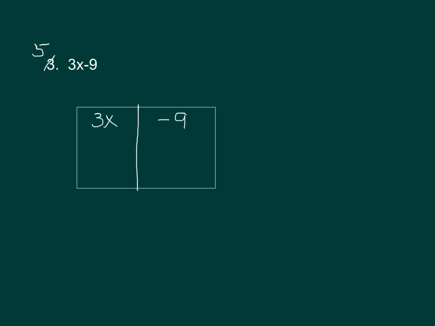So find the GCF, the greatest common factor of 3 and 9. The greatest common factor is going to be 3. 3 times 1 gives you 3, and 3 times 3 gives you 9. To get 3x, you have to do 3 times x.